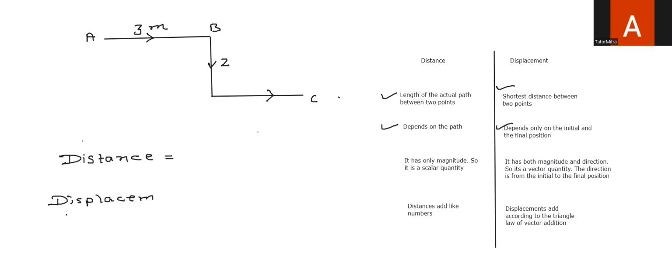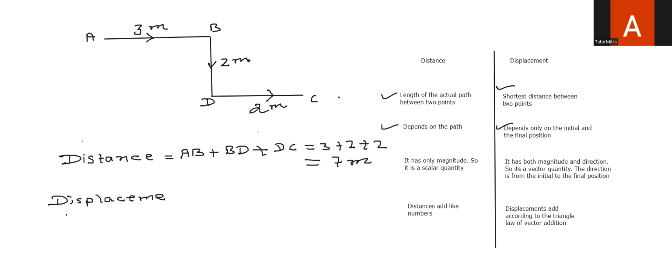Let this be 2 meter, and this is say 2 meters. So as we know, distance is the length of the actual path. So we will take distance as AB plus BD plus DC, that will be 3 plus 2 plus 2, that will be 7 meter.